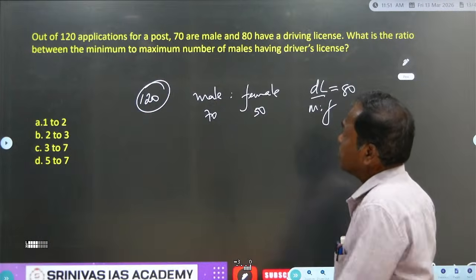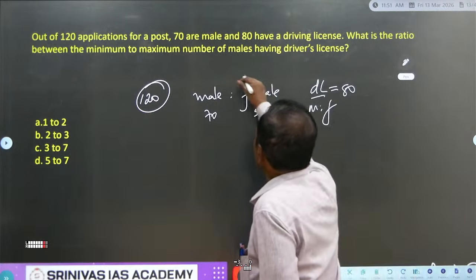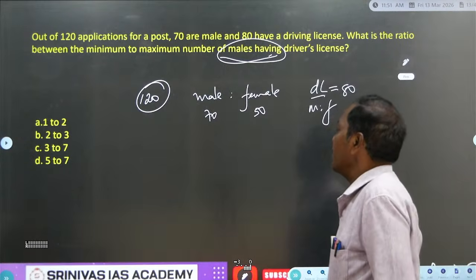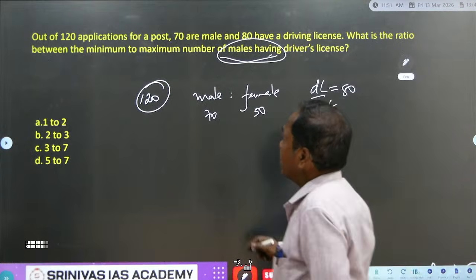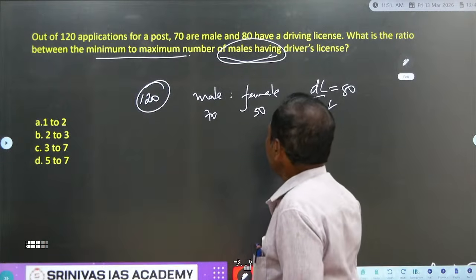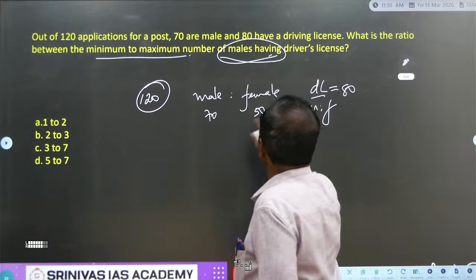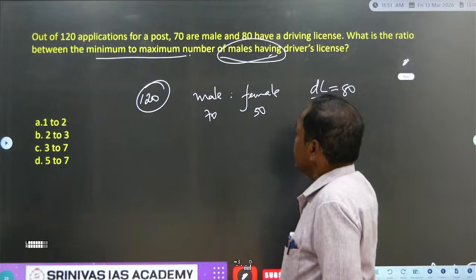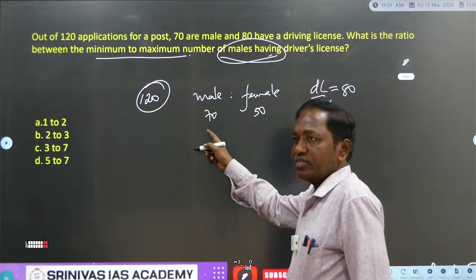What is the ratio between the minimum to the maximum number of males having a driving license? It is talking about males only. Total DL given is 80. How many males are there? 70.